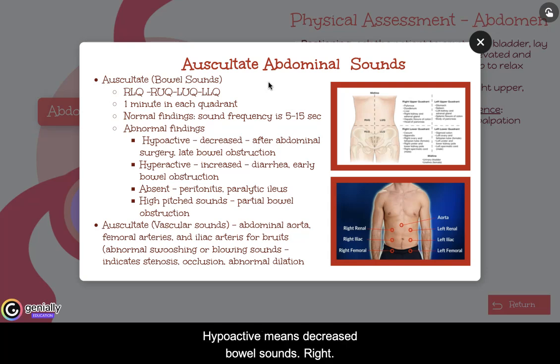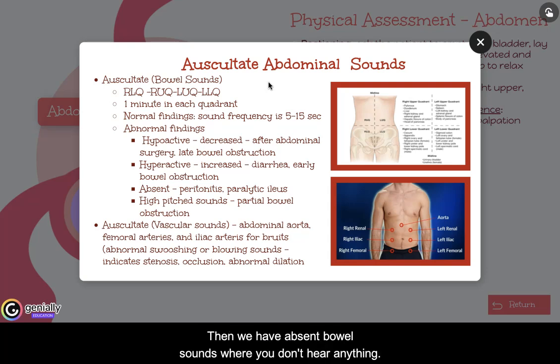Hypoactive means decreased bowel sounds, and these can happen after abdominal surgery or bowel obstructions. Hyperactive is increased bowel sounds, and this is heard during times of diarrhea and early bowel obstruction.